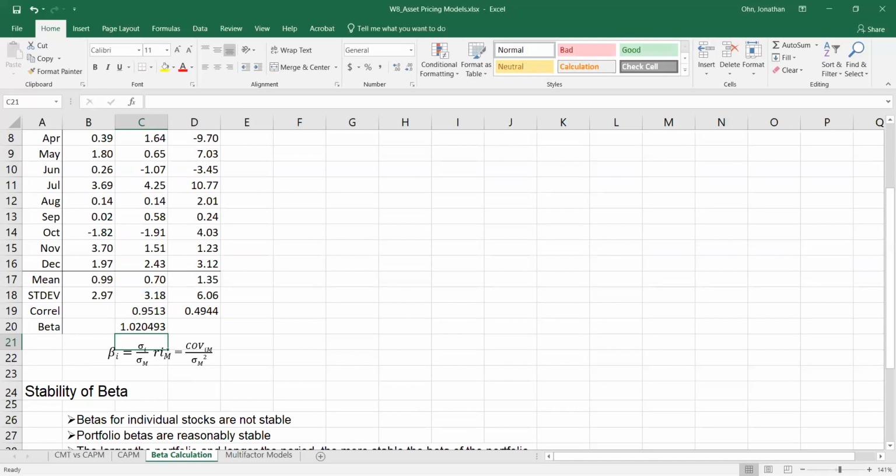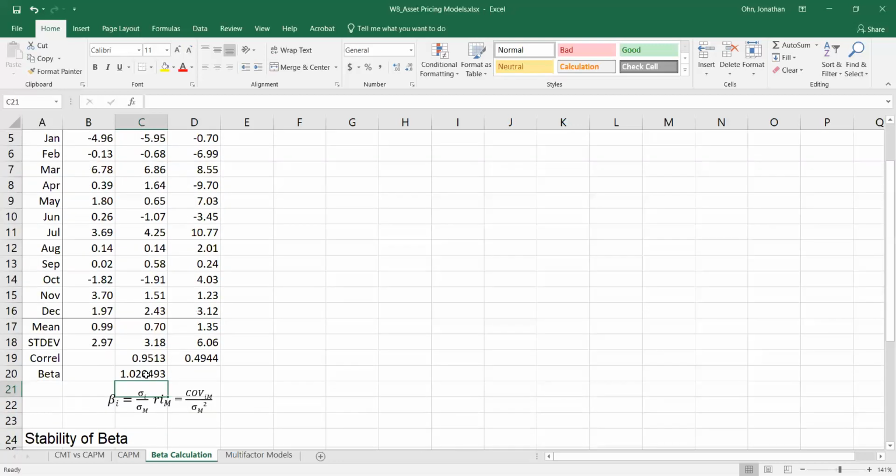This one, see, 1.02, that's the beta for MXXO. And for Microsoft, the standard deviation of Microsoft divided by the standard deviation of the S&P 500, multiplied by the correlation coefficient, we have 1.01.